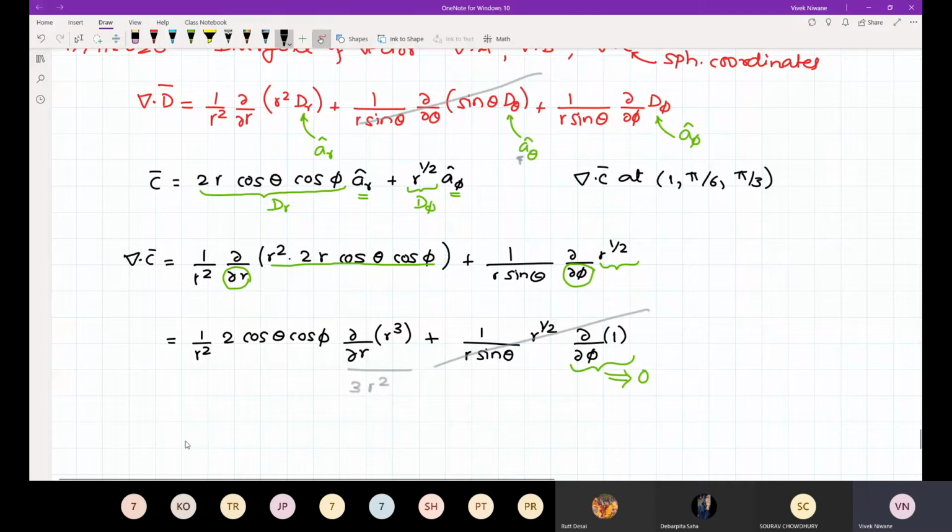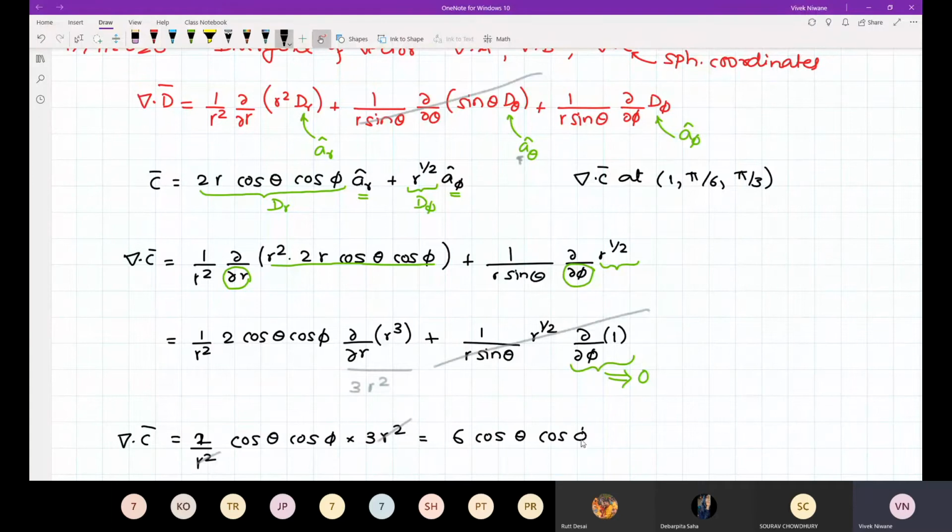So we can write del dot C bar equal to 1 upon r square, let us say 2 upon r square cos of theta cos of phi into 3r square. We have cancellation of r square and are left with the expression 6 cos of theta and cos of phi.